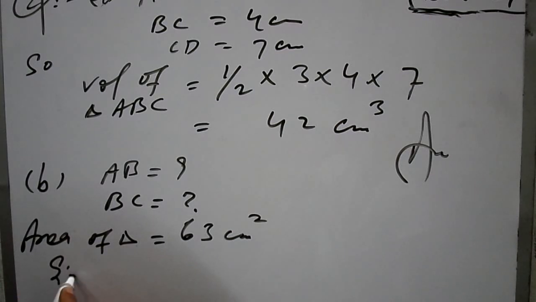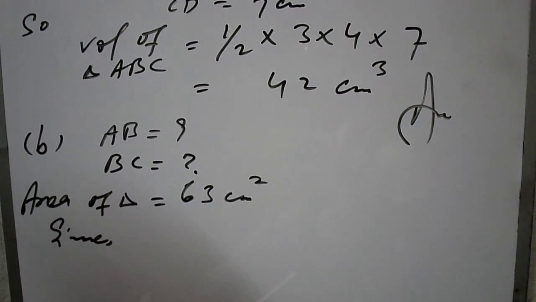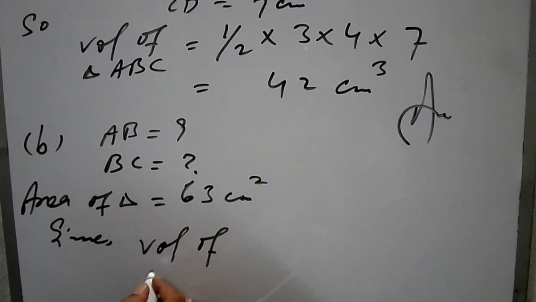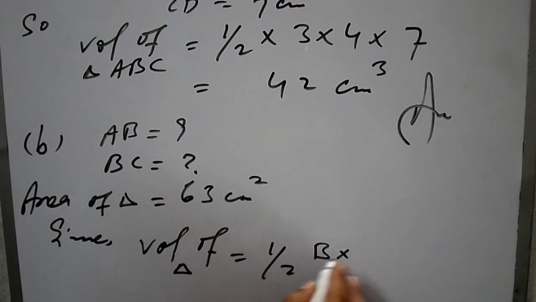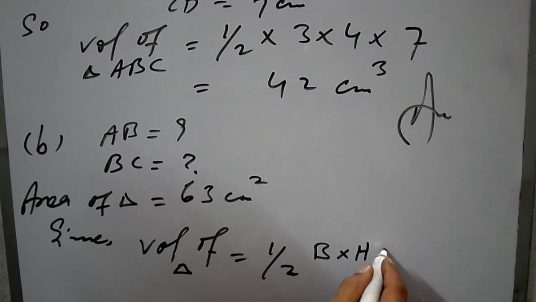Since we have a formula, volume of triangle is equal to half base into altitude into height into length.